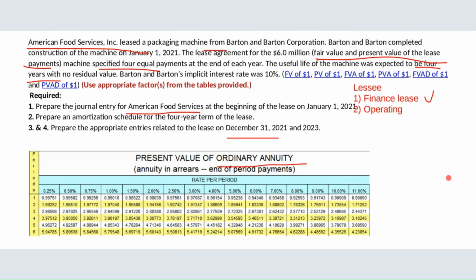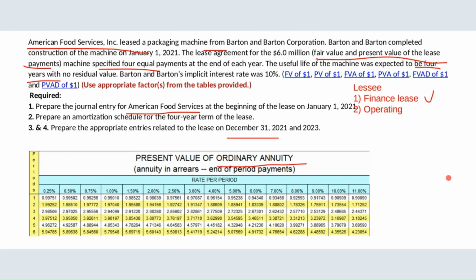On January 1st, 2021, this is a finance lease. So what is the lessee, American Food Services, going to debit and credit? Once we have determined that this is a finance lease, what do we debit? Right, we're using right-of-use asset, and this is for $6 million.